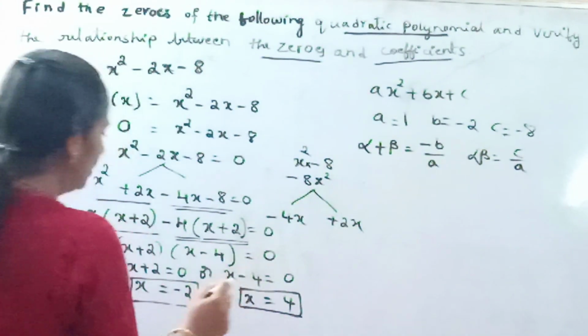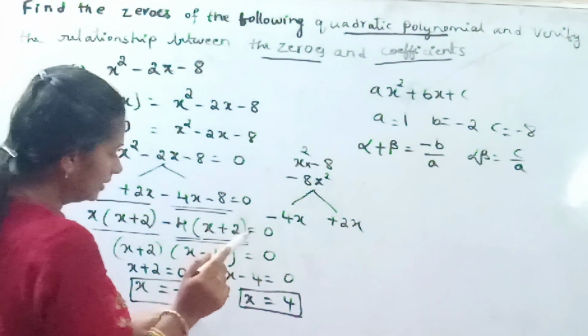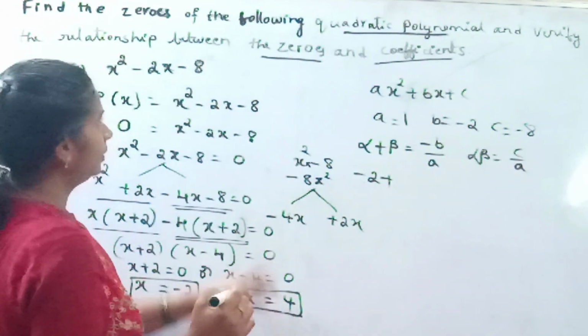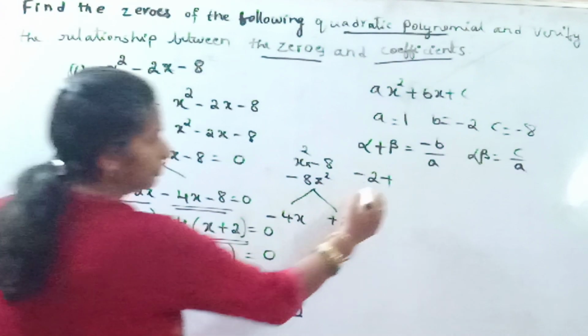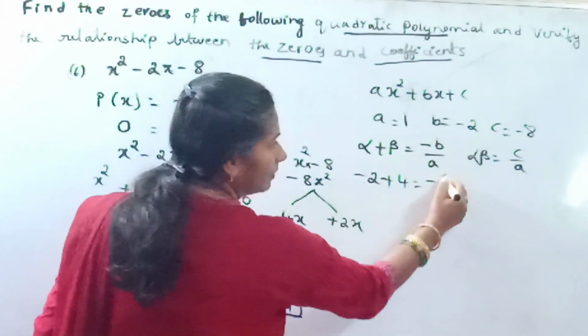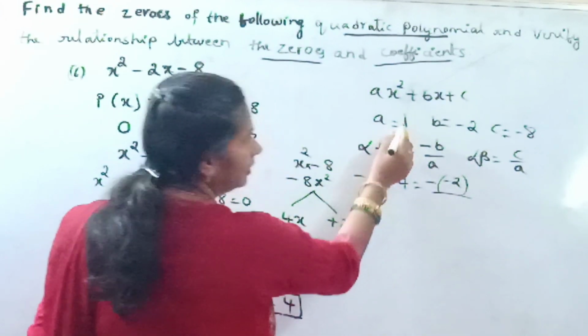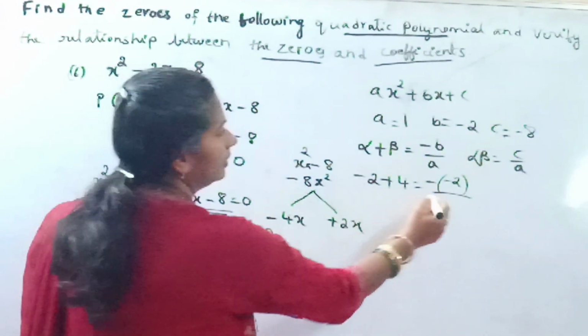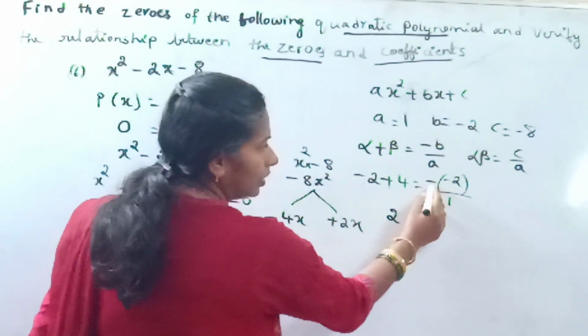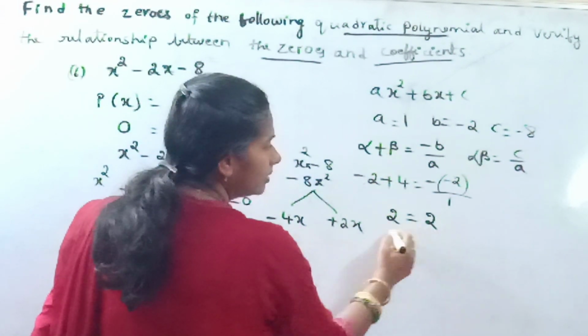Now alpha value we already found, that is minus 2, plus beta, another root of the given quadratic polynomial, that is plus 4, is equal to minus b value, it is minus of minus 2, divided by a value, coefficient of x square, that is 1. So minus 2 plus 4, it is 2, is equal to minus of minus, it is plus 2.